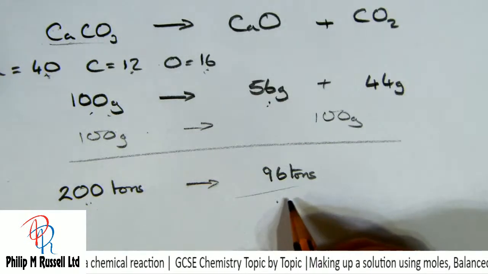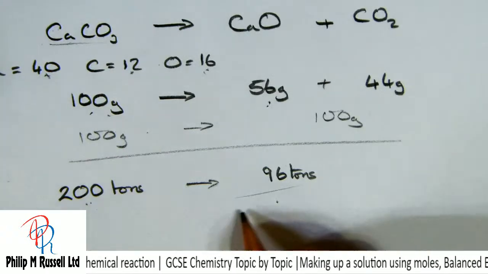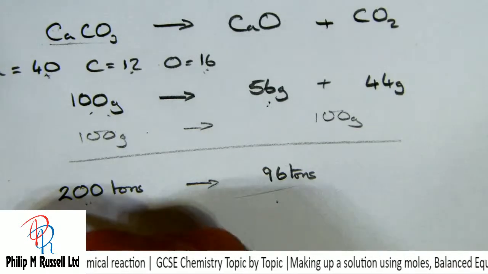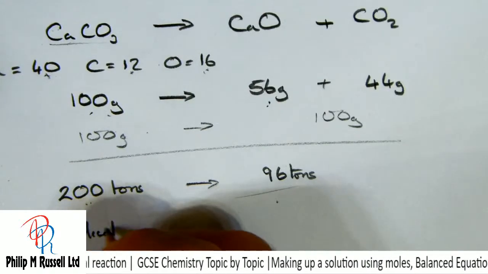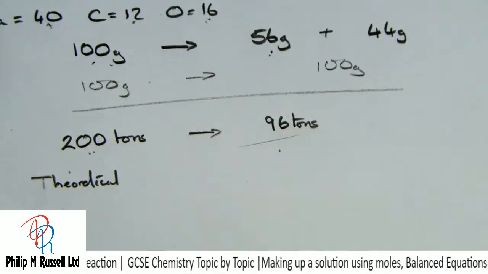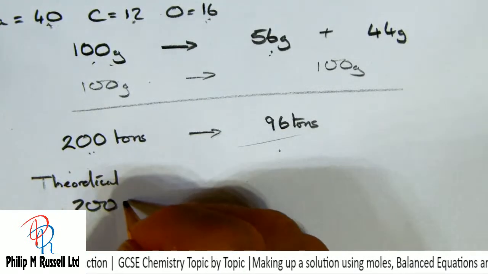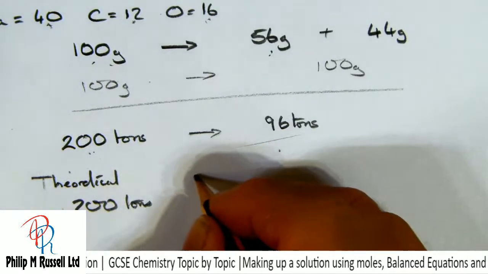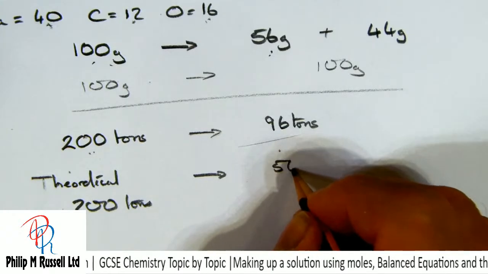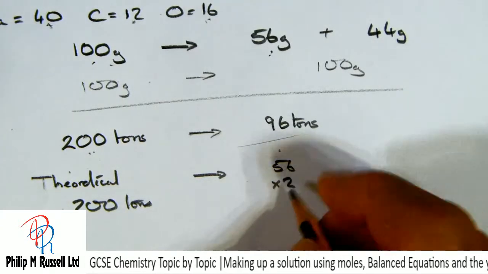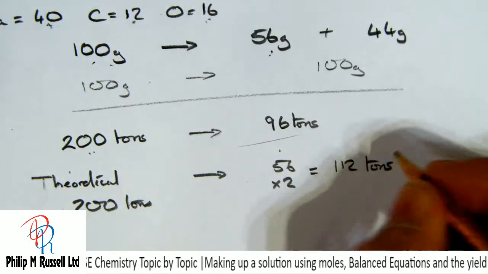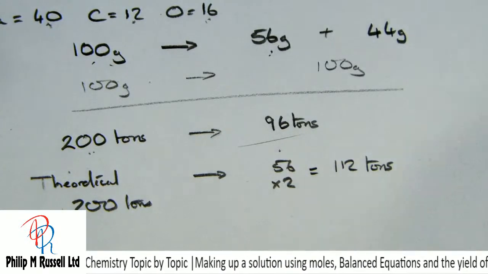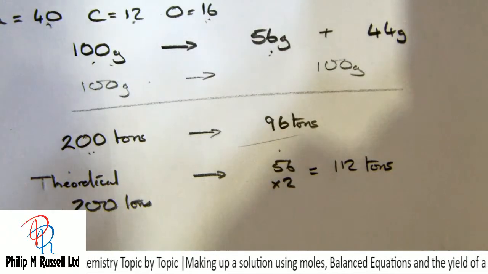So the theoretical yield for 200 tons would give me 56 times 2, which gives me 112 tons of the substance.